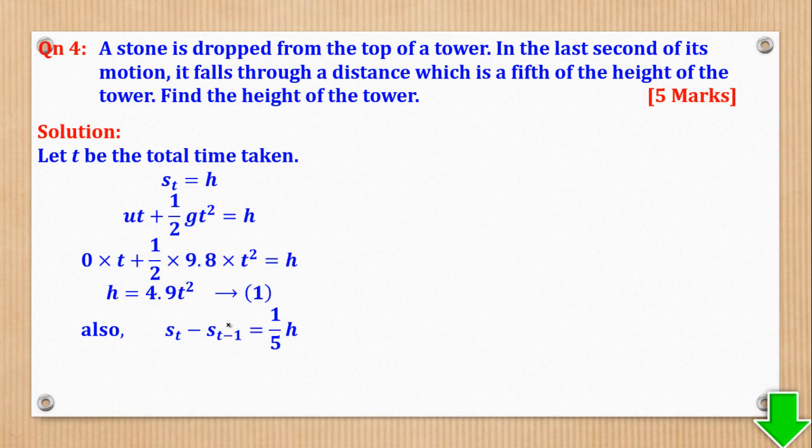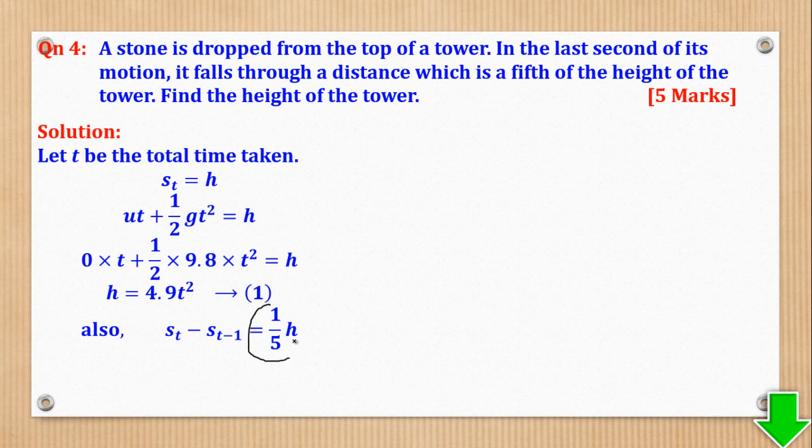The same as what we used when they said during the 4th second. It means s at t equal to 4 minus s at t equal to 3. So even during the last second means s when time is t minus s at time t minus 1.